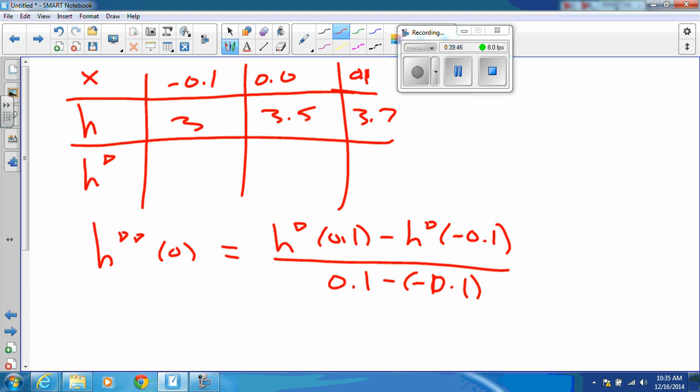Thinking of the second derivative as the derivative of the derivative. Only problem is I don't have this information yet, but I can find it from the information on h given in the chart. What's that? Well, I asked you to make a chart, oh, do I give you h prime then? Oh, good. Hey, how about that? And so this is 5, 2, and 1.5, and I just plug in.